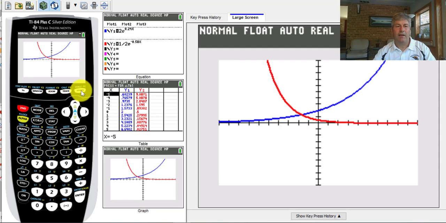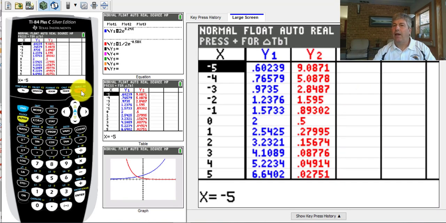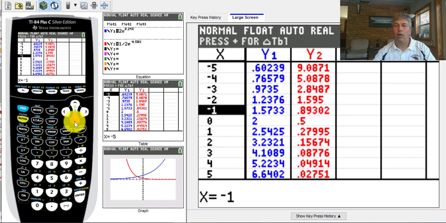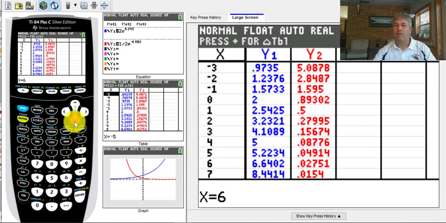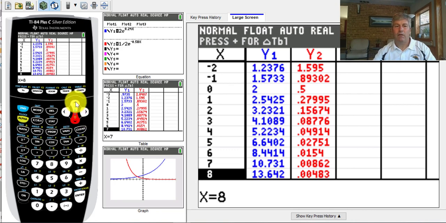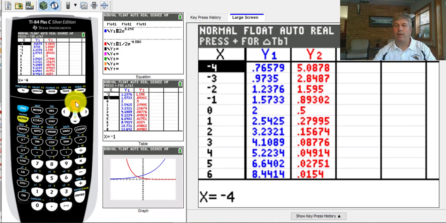We can just hit second table and that table will show up, and we can scroll up and down the table to get the values. So that's a handy thing. You can use your calculator for that. That'll calculate those values right on the graph, your ordered pairs x and y for each of those two functions. So that should be helpful for you guys as well.